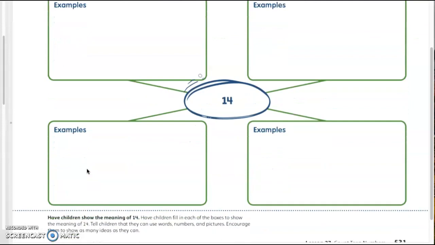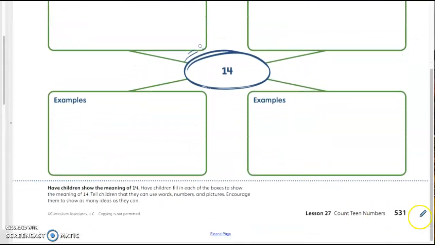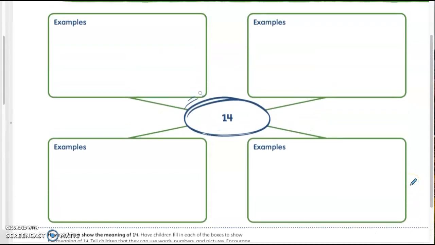Let's go to page 531. Okay, we're going to write different ways to show 14. So one of the ways we could do it is if we had a 10 frame up here, right?